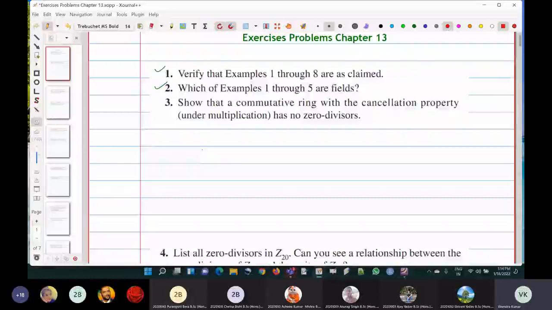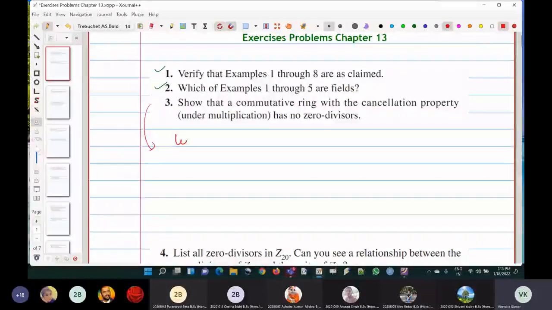But still, if the ring is commutative, then they are saying that cancellation will hold, whether there is a unity or not. Fine. So the cancellation property implies that at least one of A and B is 0 if AB is 0.